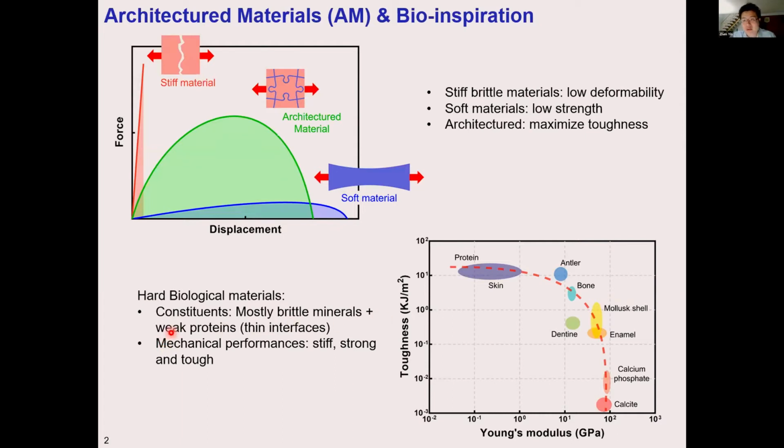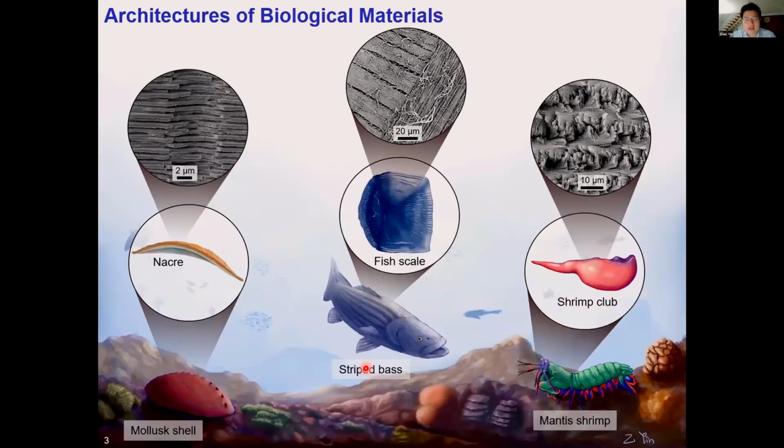So this actually provides a very good template to design such architectured materials, and we can see some examples of those architectures in biological materials. For example, nacre has a brick-and-mortar structure, triggering toughening mechanisms such as crack bridging and tablet sliding.